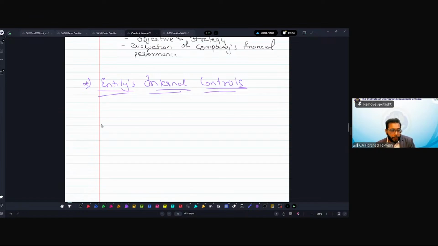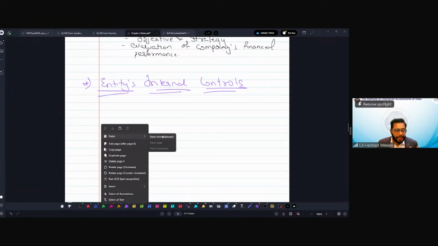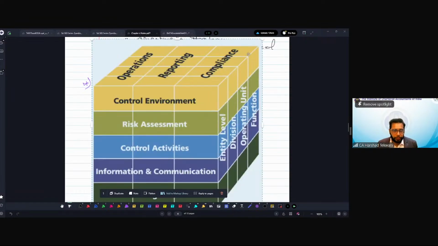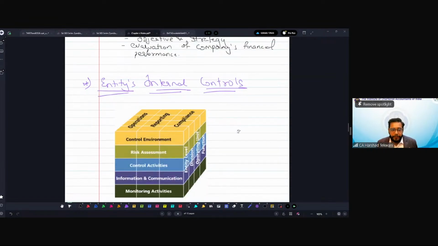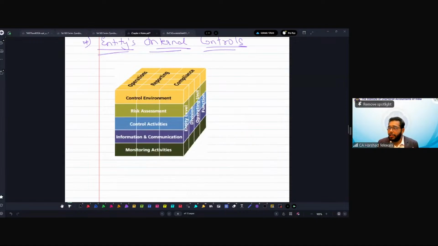Okay. Now, when you combine these 5 components of internal control, plus the level of the control, plus the type of activity at which they are impacting, this becomes a control cube, whole control cube. So 5 components. These are nothing but the components of internal control. These are nothing but the type of activity they are covering.